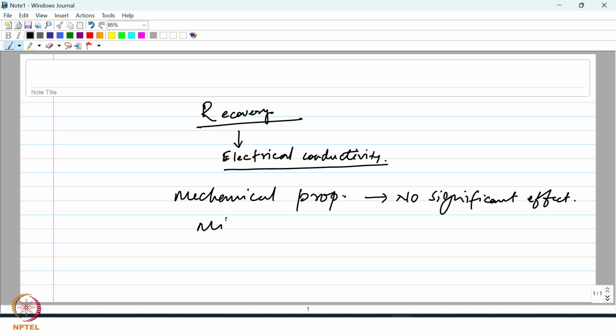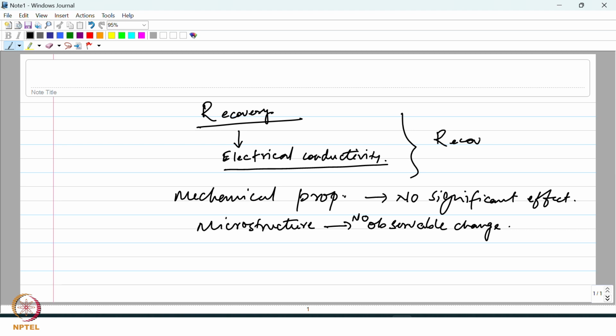And the microstructure also does not change to any significant extent. So there is no observable change in the microstructure. All right. But what happens that leads to recovery of some of the properties? That is something we need to understand, as to what is the mechanism of that.